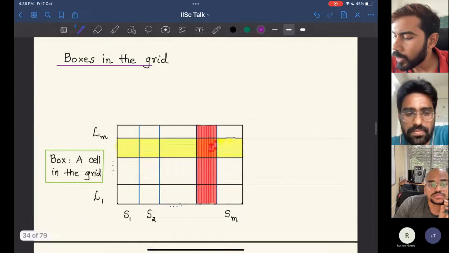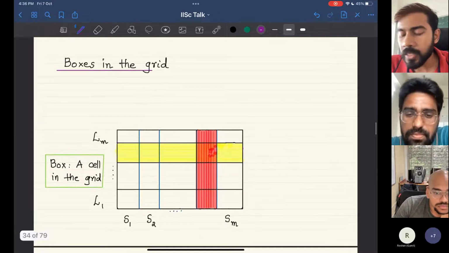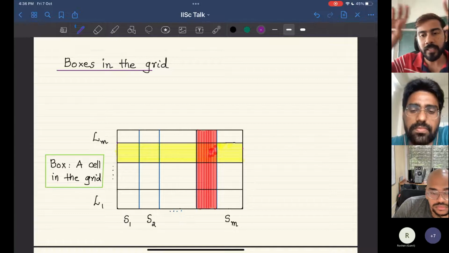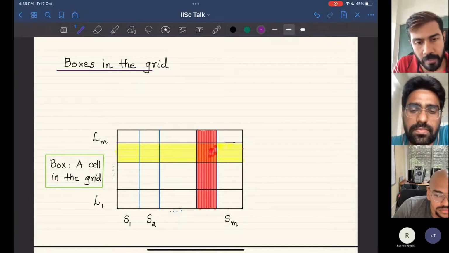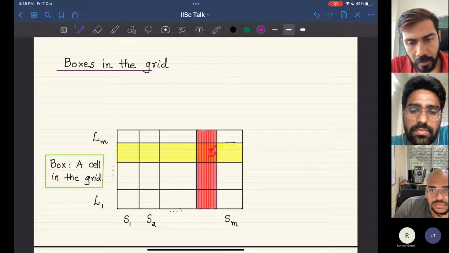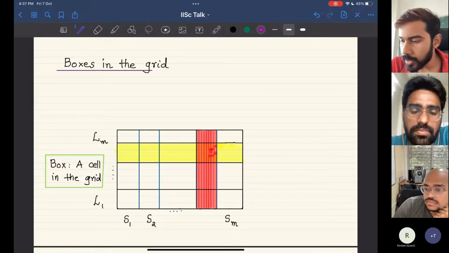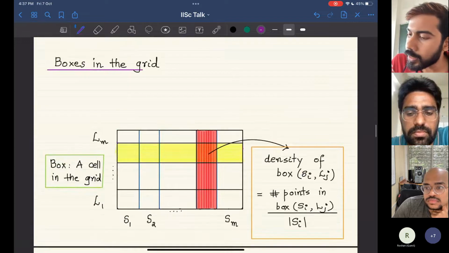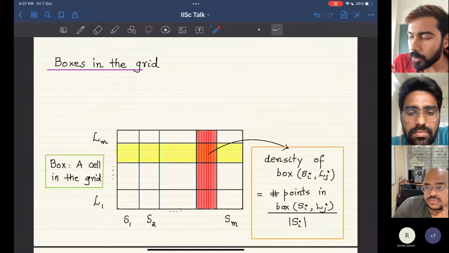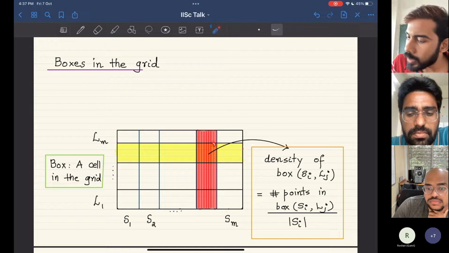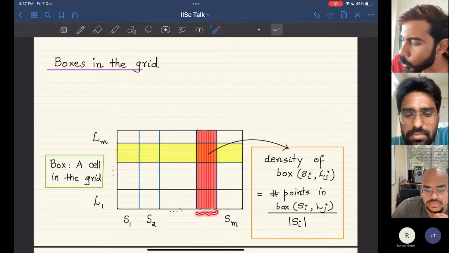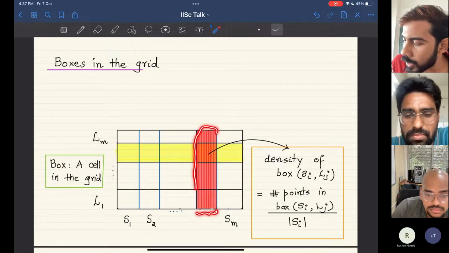Okay. And so this gives us some boxes, essentially. This whole grid can be thought of as a collection of boxes, right? It's a cell in the grid, essentially. And I say that the density of a box is the number of grid points in this box divided by the total number of points in this entire stripe.